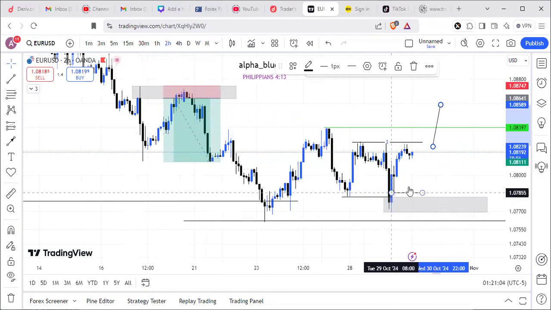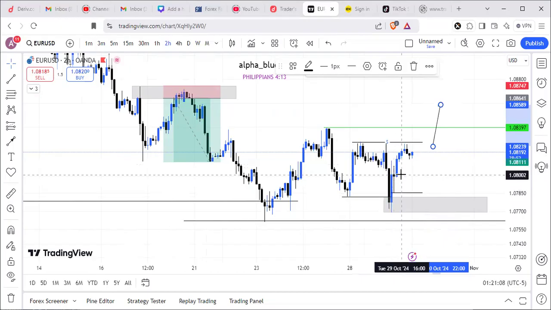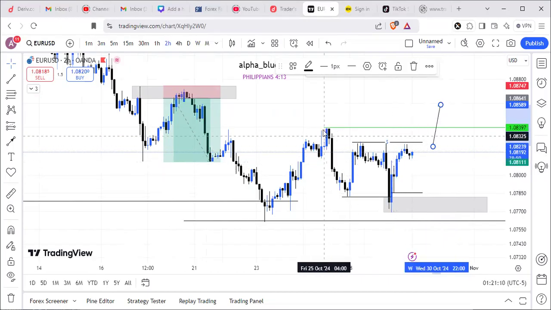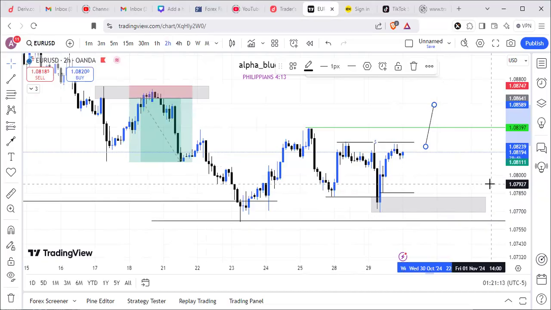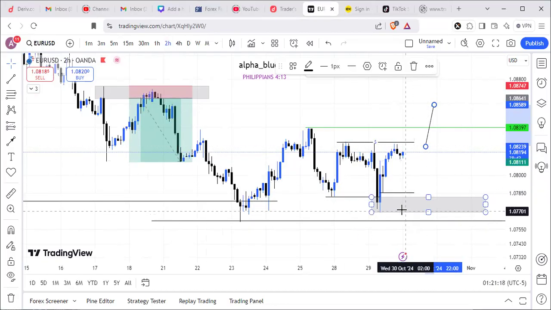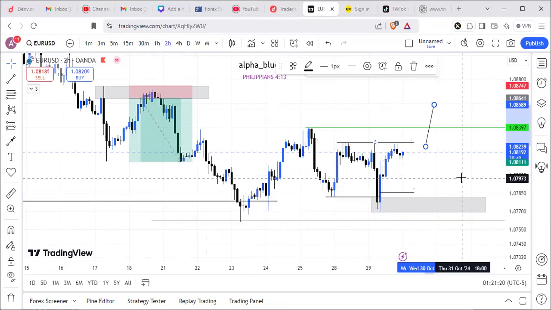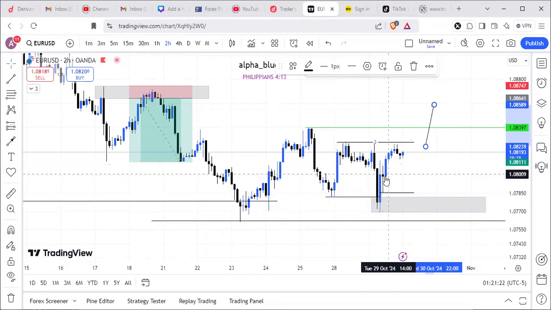That's why I have a high expectation that Euro USD will also break this supply to the upside. So what I want to see is Euro USD come back down to these areas below, then I'll look to buy it.